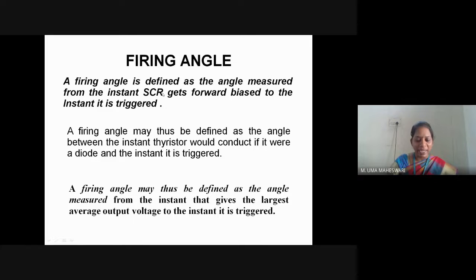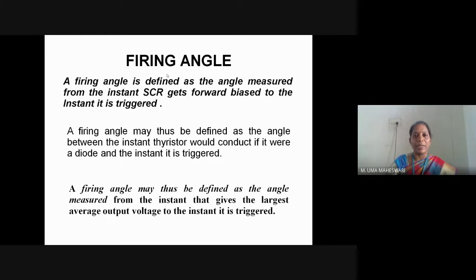What is the firing angle definition? The firing angle is defined as the angle measured from the instant the SCR gets forward biased to the instant it is triggered. The SCR is forward biased once a forward voltage is applied to it. What is forward voltage applied to an SCR? The anode is connected to positive, the cathode is connected to negative, and a positive voltage is applied.